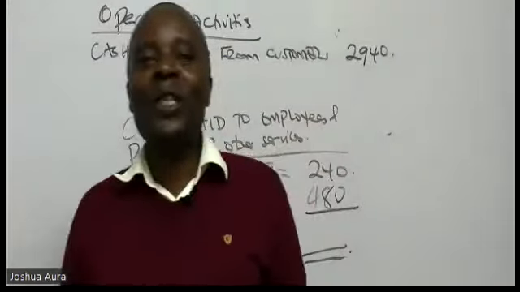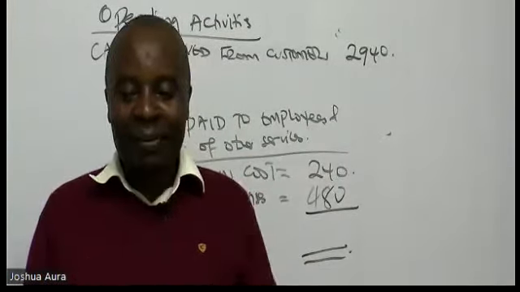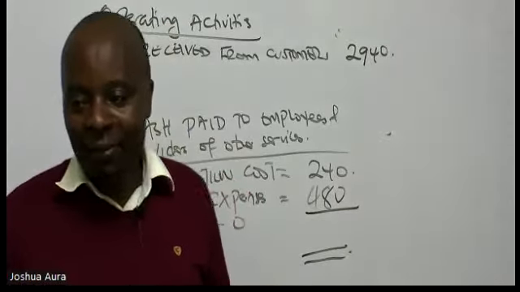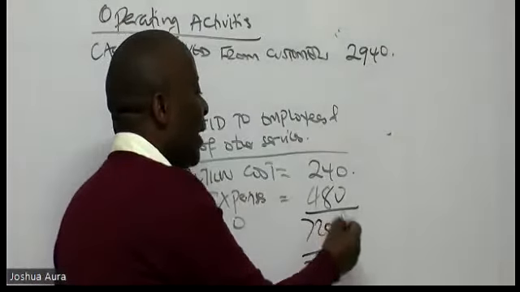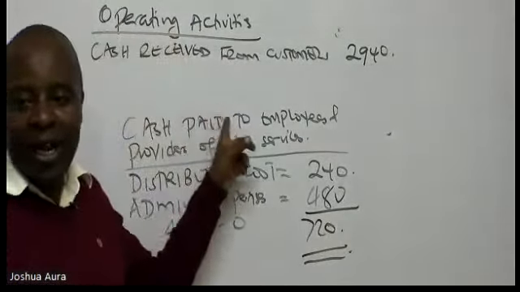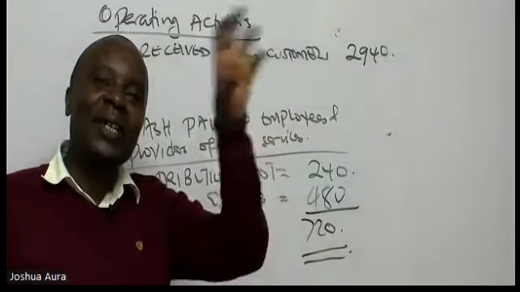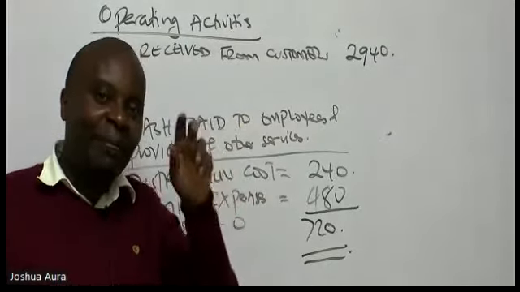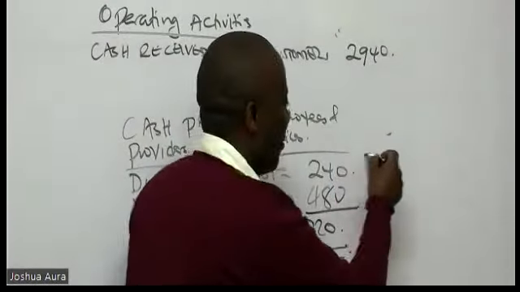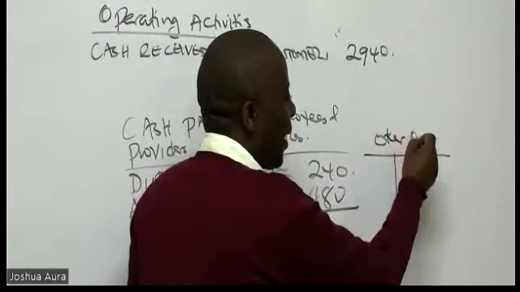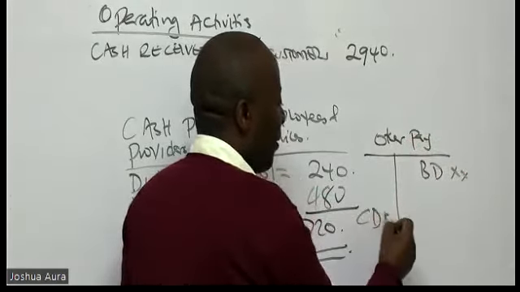Remember, in some questions, they'll give you what we call other payables. How I wish I had other payables. So like Eric is telling me this is 720. If I had other payables, you see other payables fall where? Other payables are not in the trade payables. Other payables normally come here. If I had an account called other payables, I would have come here and created other payables, brought down, put a figure there, carried down, put a figure here.